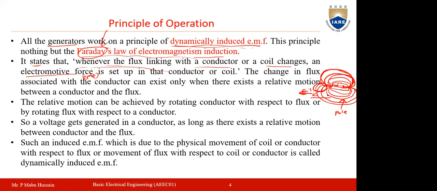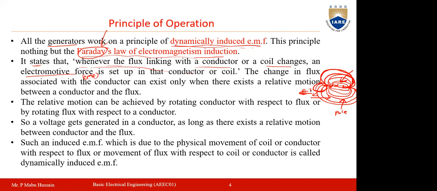If you move towards the magnet, the lines of flux linking with the conductor will increase. That means there is a change of flux linkage between the magnet and the conductor, so a motion exists between the two. The magnetic field is fixed, but we are moving the conductor. Whenever you move the conductor, the flux linking with it changes, and in such a case he observed that current flows through the conductor or coil.